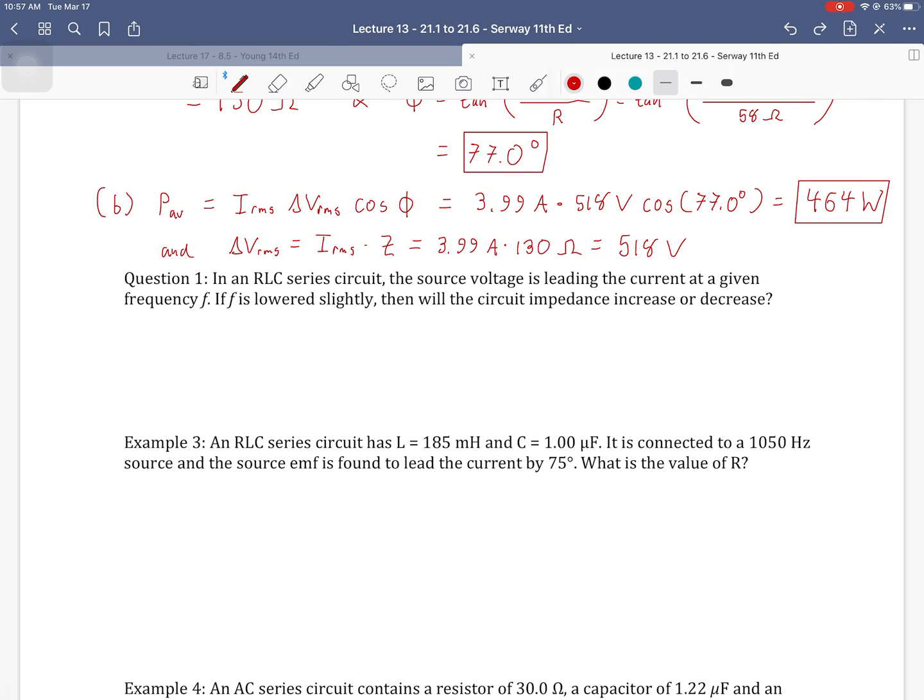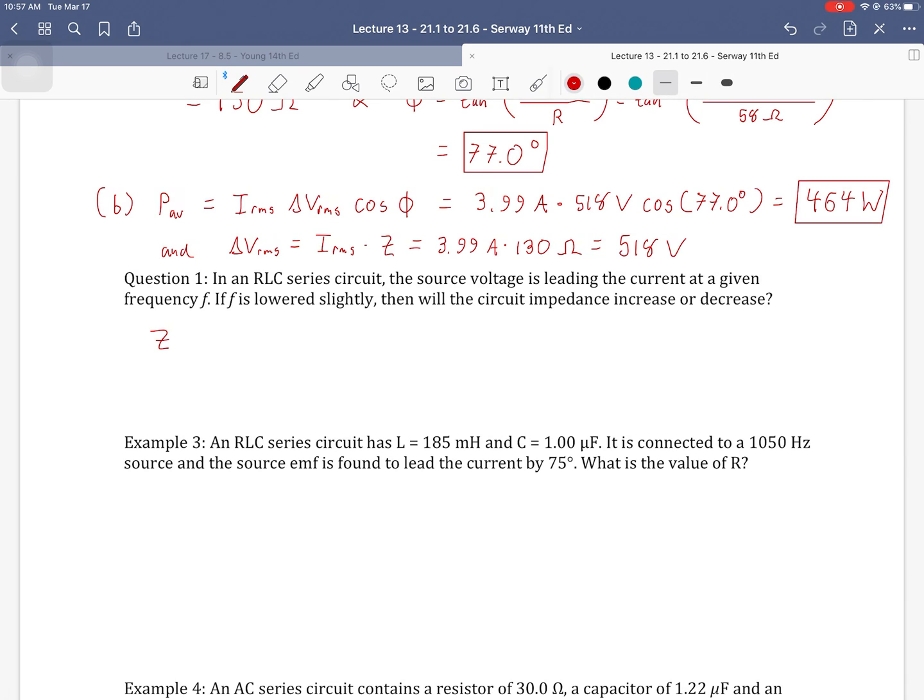So the source voltage is leading the current at a given frequency. If we think of the overall impedance increasing or decreasing, we have to think about what's going to have the bigger effect, the inductive reactance or the capacitive reactance. So let's think about how we would define that.